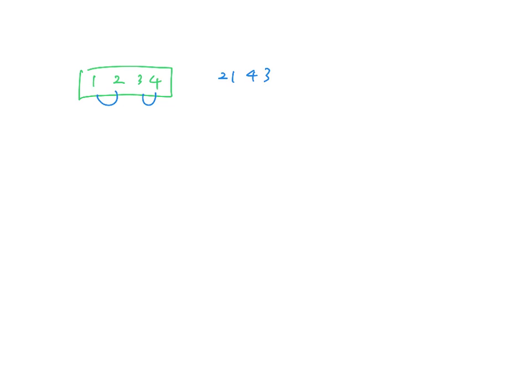And you interchange this and this. What do we have? 4, 3, 2, 1. That's an even permutation. And you change more, etc.